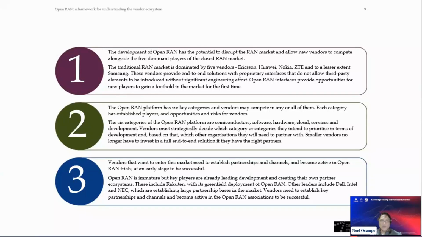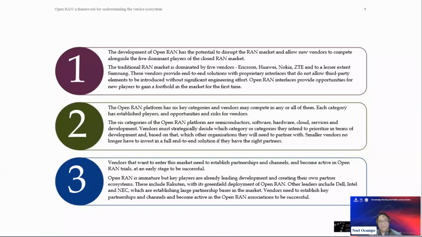So the earlier you join the Open RAN Alliance, right, you can be assured that if you are doing any software or hardware development, you can align yourselves with all those vendors and operators to test your product. And that's the most important thing, because if you join those trials, your product would be fully tested and fully certified.